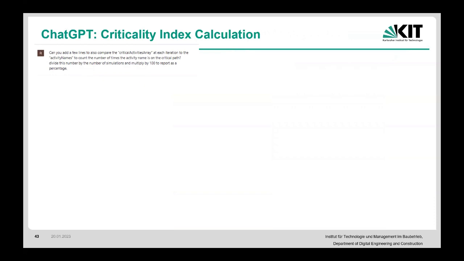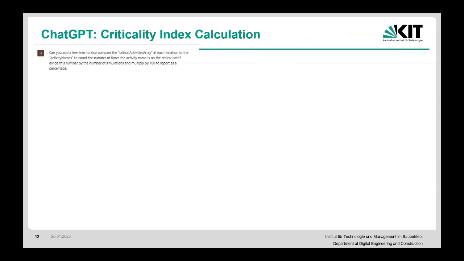Because now we have just told it to go and do the simulations and give us the duration and the critical activities. This time I asked it, can you generate the criticality index? Can you add a few lines to also compare the critical activities array, which is the array that it provided for the critical activities, at each iteration to the activity names to count the number of times the activity name is on the critical path.